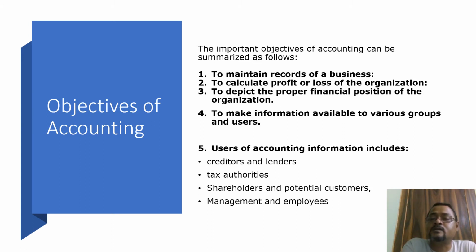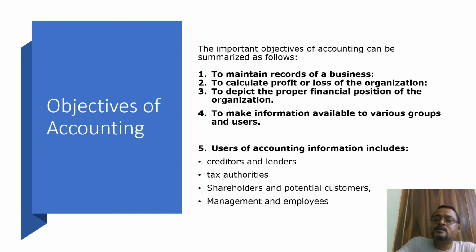The income statement is prepared to find out whether the business, in the period in which it has undertaken all the transactions, has made profit or losses. So the second objective is to be able to know whether profit or loss has occurred.